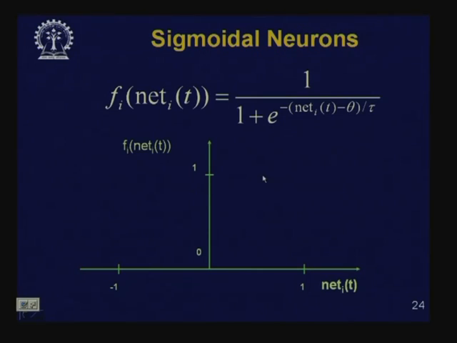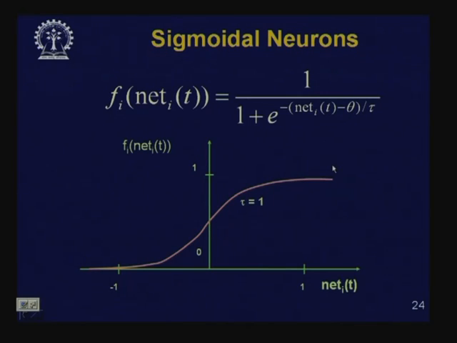If we put theta as some other value, we will be able to give a shift to this function. And tau is a sort of stiffness constant. Varying the value of tau, we can vary the slope of the function that we get.